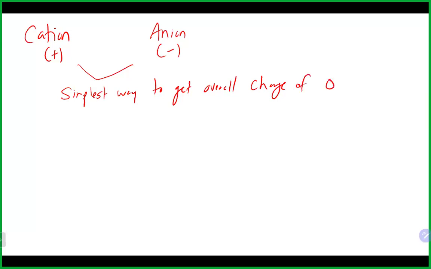It has to be neutral. So when you make a proper ionic compound and you put that positive and negative guy together, they need to balance each other out in terms of their charges. They need to equal 0 overall in terms of their charge when you do that.